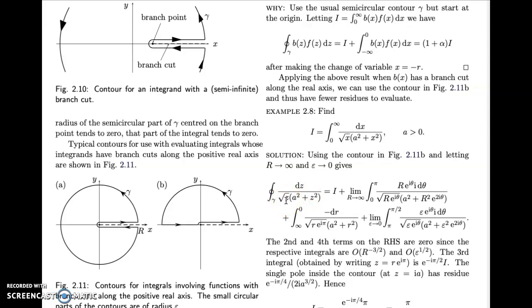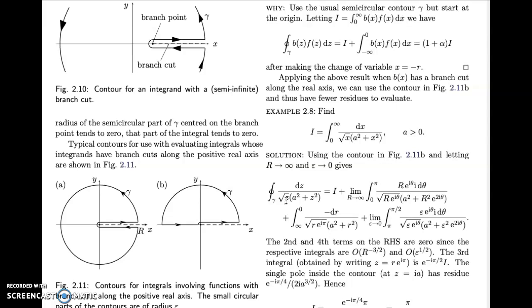z equals ia. We write that in polar form, and we get z equals a times e to the i pi by 2.